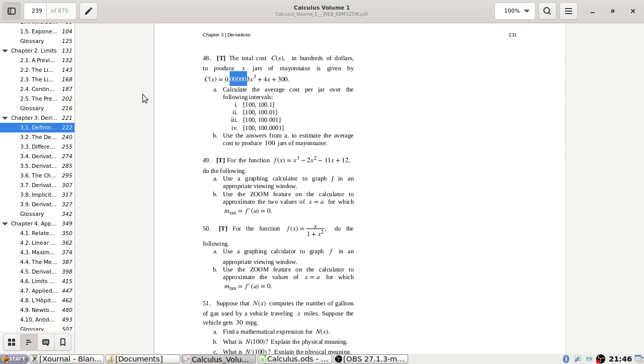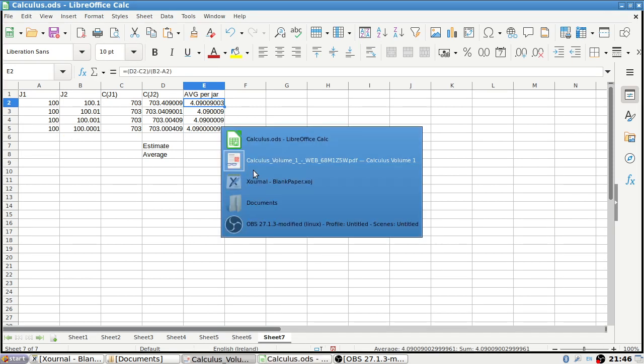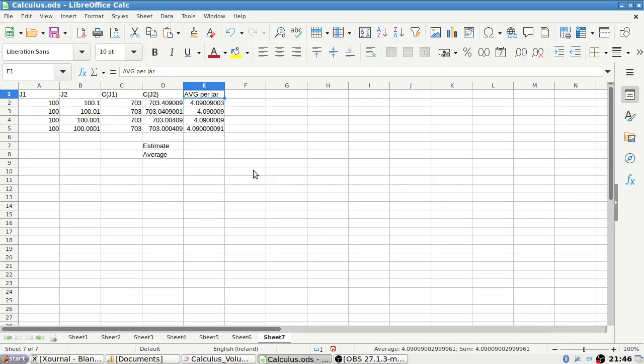Calculate the average cost per jar over the following intervals. Okay, so it's not really marginal then. Average cost per jar, but over the following intervals. Oh, so I'm not sure that they mean this, or maybe they mean this, but divided by 100.